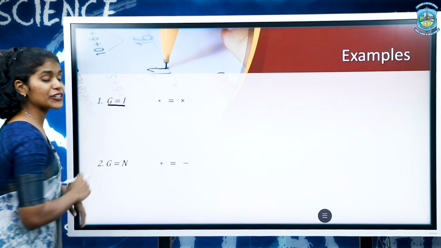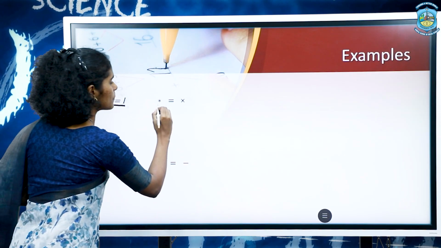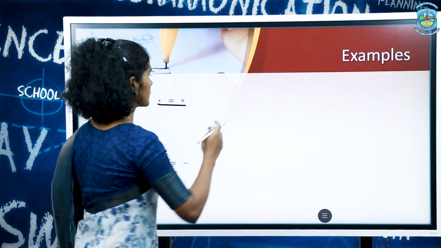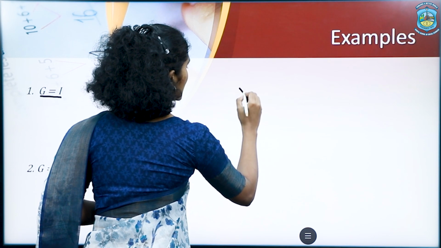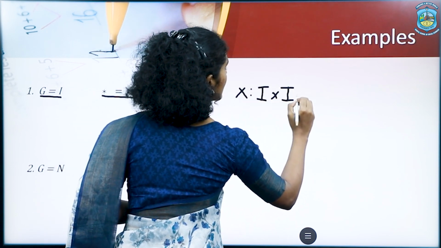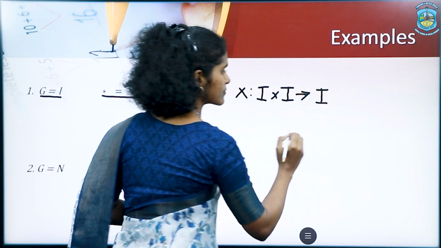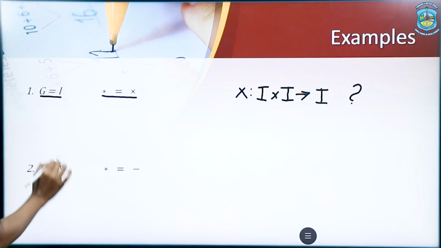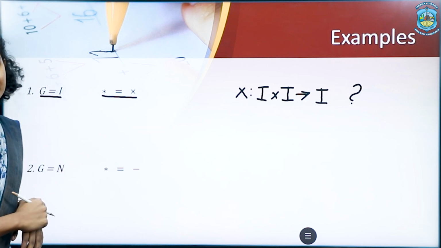We consider the set of integers and the operation given to us is multiplication. So, what are we supposed to check? Multiplication from I cross I gives I or not. We will check this with the help of some examples.